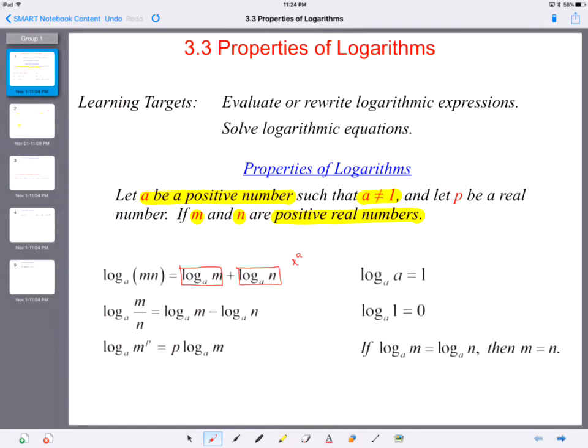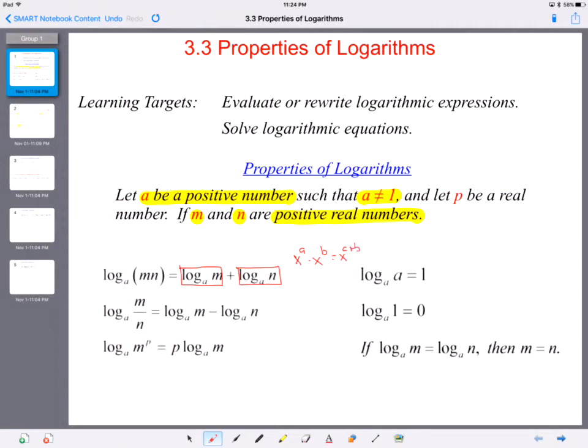X raised to a times x raised to b. Well, I guess I'll rewrite it now. So x raised to a times x raised to b. What do you do with the exponents? You add them.